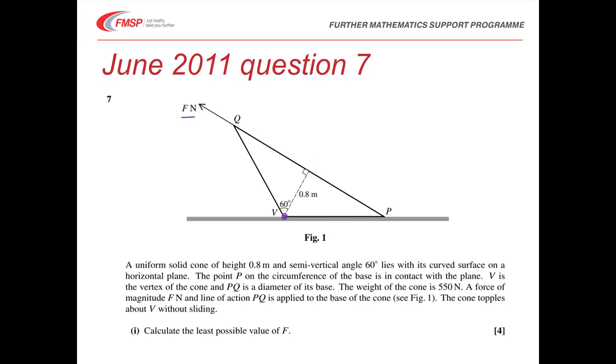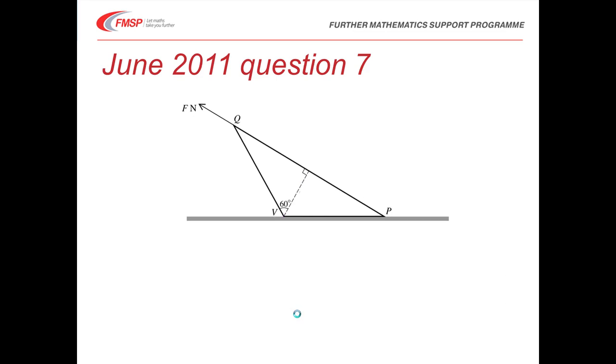Well, the centre of mass must lie on the line of symmetry, the axis of symmetry, and I'll fill in some details about that on the next page. We're asked to find the least possible value of the force F so that the cone is going to topple. So what we're going to do is find that limiting case.